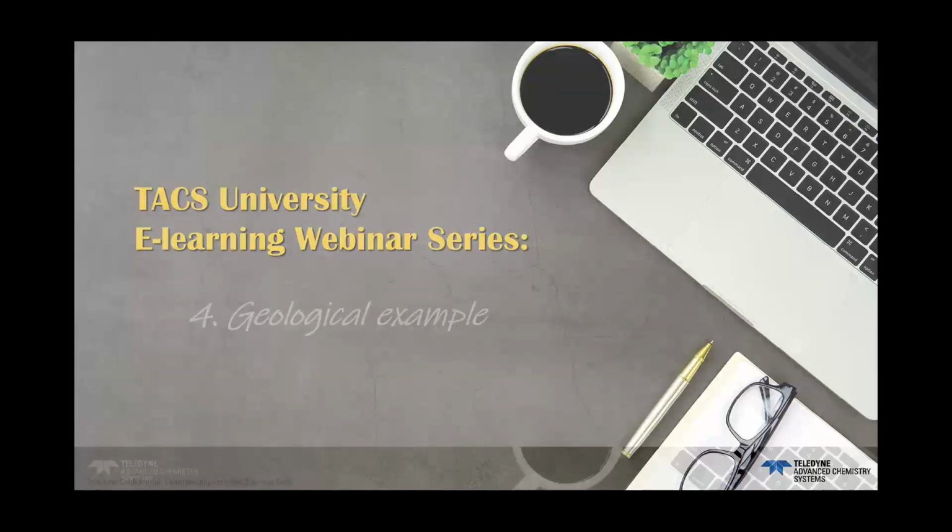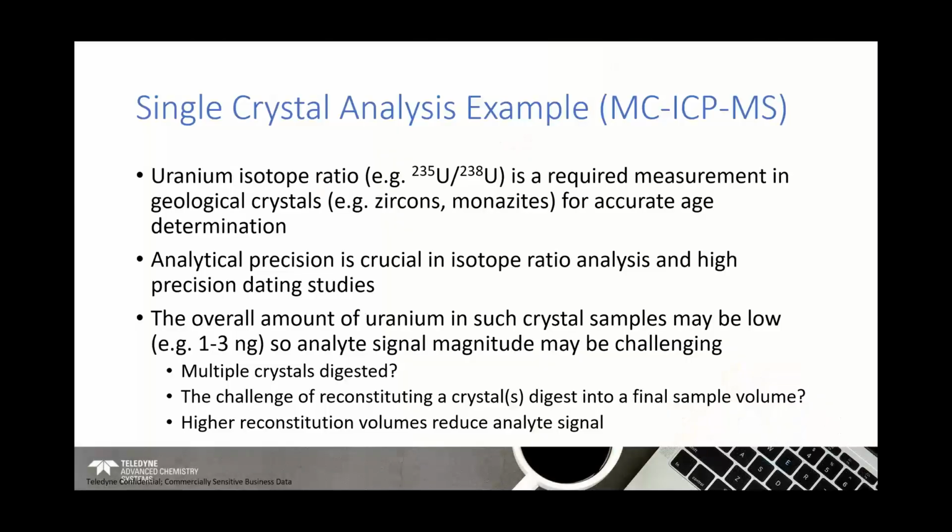So, a geological example then. I wanted to come back to what I mentioned before: single crystals, zircons for example, in geological analysis with multi-collector ICPMS. I wanted to start with an example of a sample and an example of a measurement.